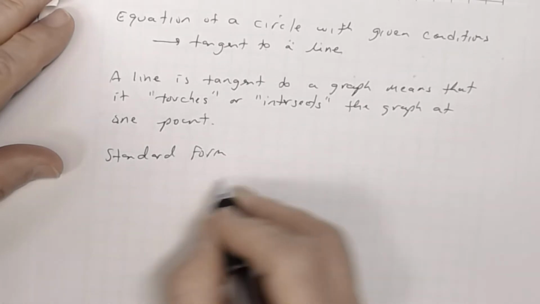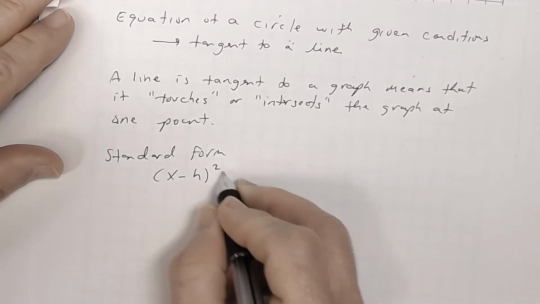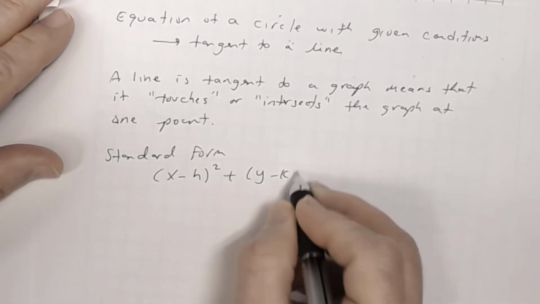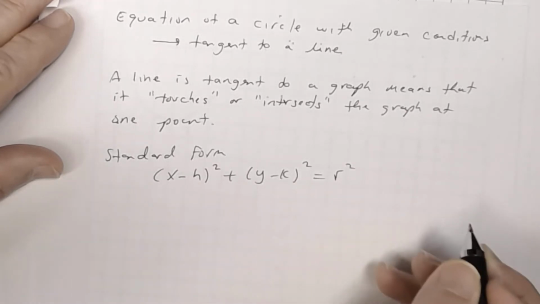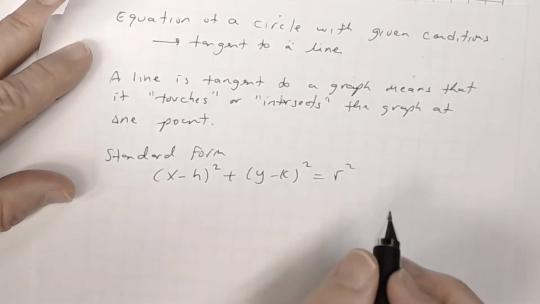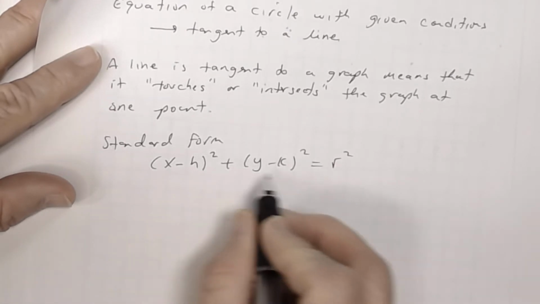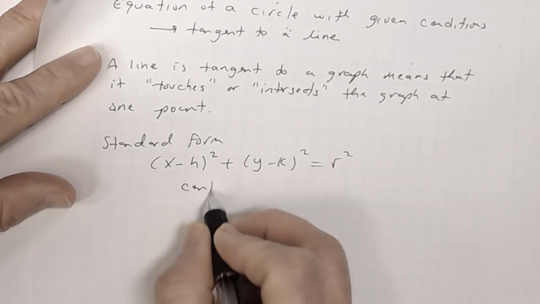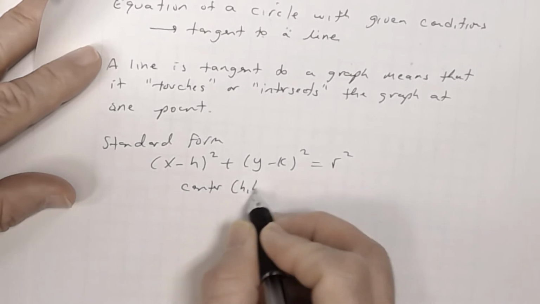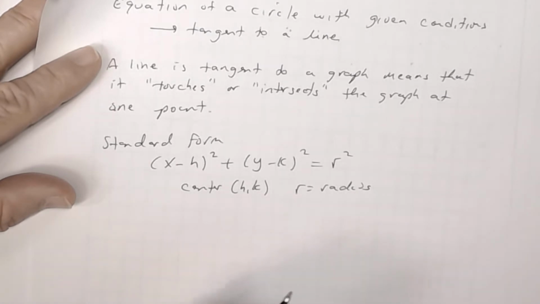Standard form means (x - h)² + (y - k)² = r². In standard form, (h, k) is your center and r is your radius. Now look how simple this problem is.